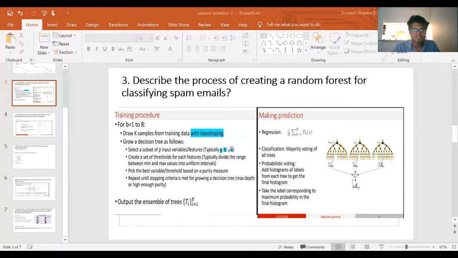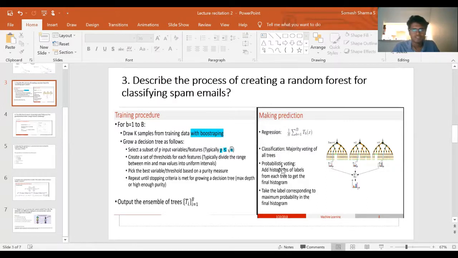After that, we create the forest until the stopping criteria is reached. Once that is done, the loop ends. The output is a set of trees which can be used to decide whether an email is spam or not.